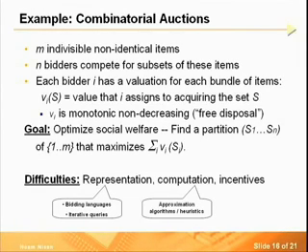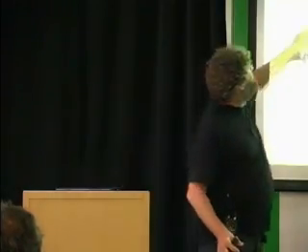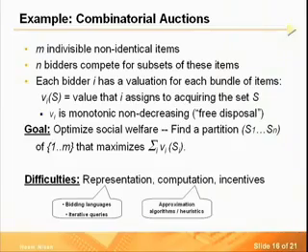The number of items is small, usually manageable, but the number of possible subsets is going to be exponentially large. How can you even represent the value of a bundle? There are exponentially many numbers that you need to give. Somehow you're going to have to either succinctly express it or have some kind of iterative protocol by which this information leaks out.